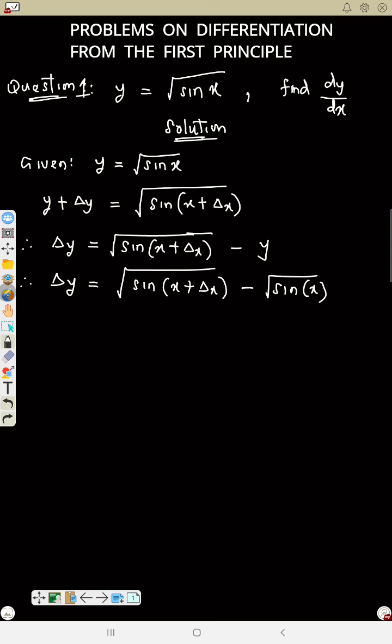Now from here we can divide all this by 1. It's still the same, so I'll do that in the next step.